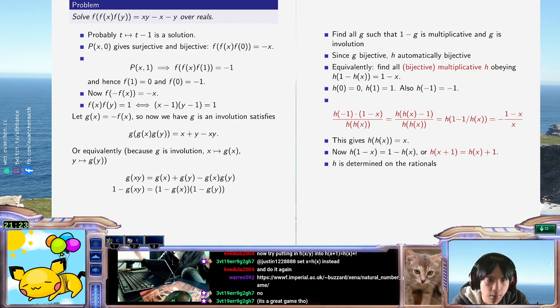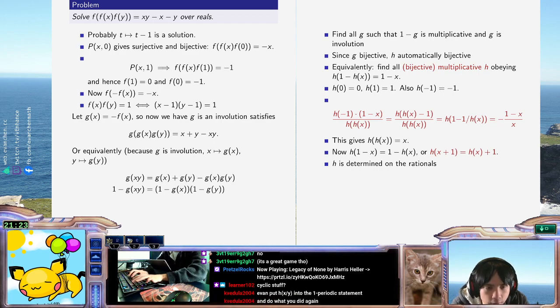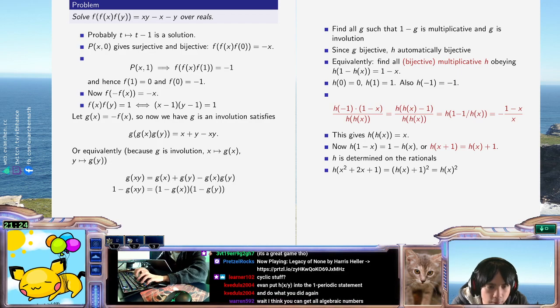I mean, h of x squared plus 2x plus 1 is equal to h of x plus 1 squared, which equals h of x squared. No, that's not good enough. Come on.